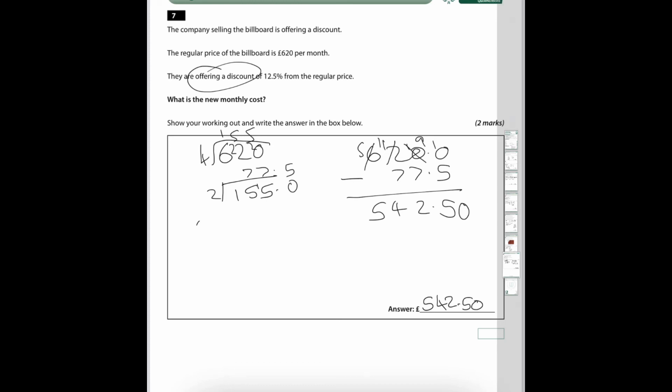The other way you could do it is you could look at 620, work out 1%, and then times that by 12.5. So 1%, we go back 1, back again. 1% is 6.2.